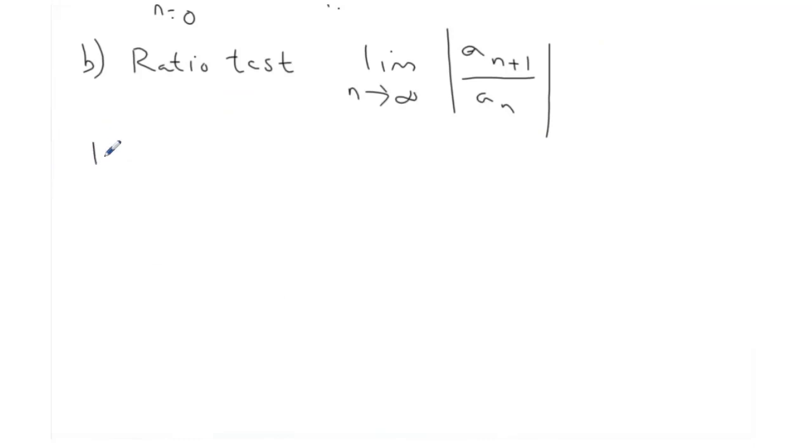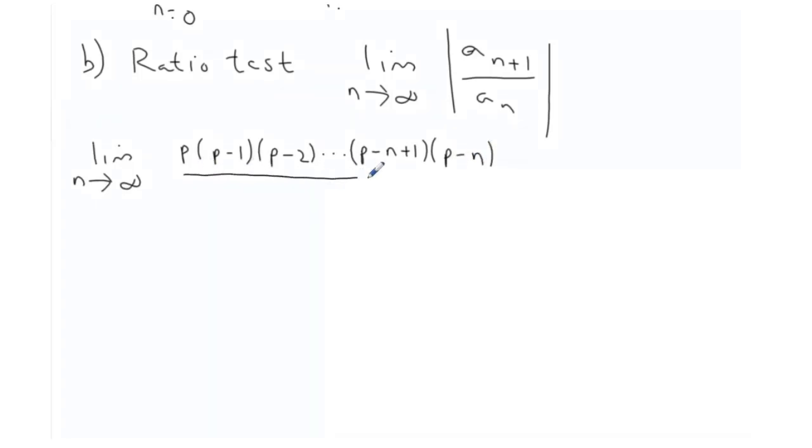So we need to find the limit as n approaches infinity of p minus 1, p minus 2, dot, dot, dot, p minus n plus 1, p minus n, all of that times x to the n plus 1 over n plus 1 factorial.